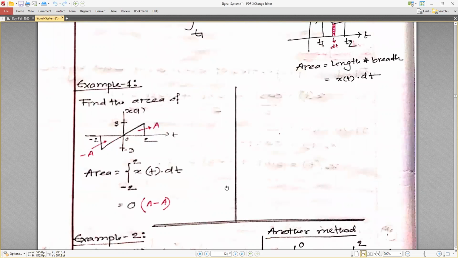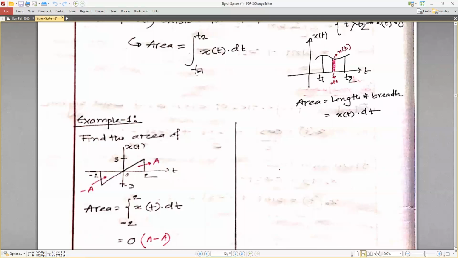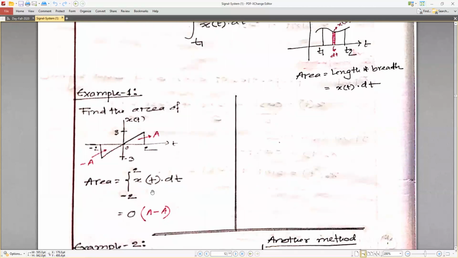Okay, let's see. Find the area of this signal. What would be the range? See here, minus 2 to 2. Minus 2 is the lower limit, 2 is the upper limit. So I'll put minus 2 here and positive 2 here, integral of x(t) dt.